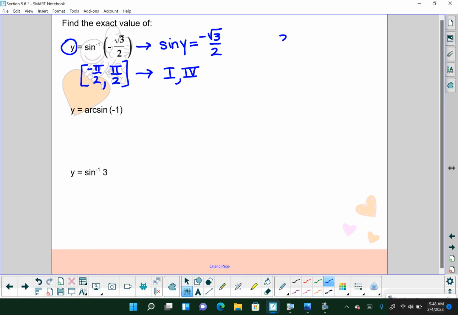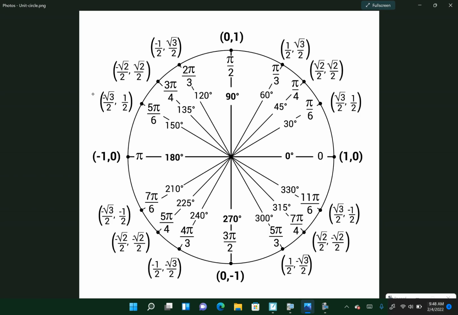So we can say 300 degrees or 5 pi over 3. Now, if our answer is in quadrant 4, like this one, remember we don't want a positive angle, we want a negative angle, something between negative pi over 2 and 0. So we need to think about what negative rotation would be equivalent to 300.